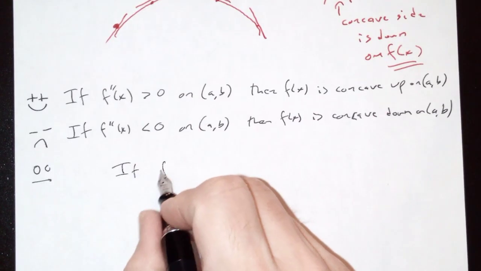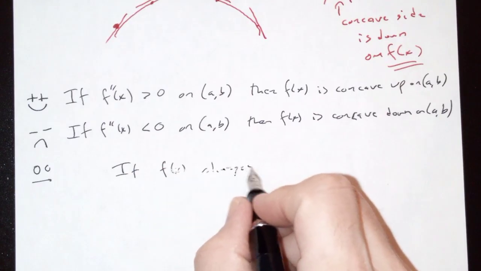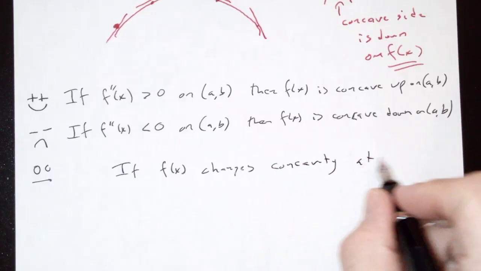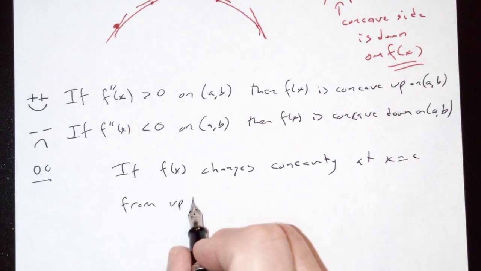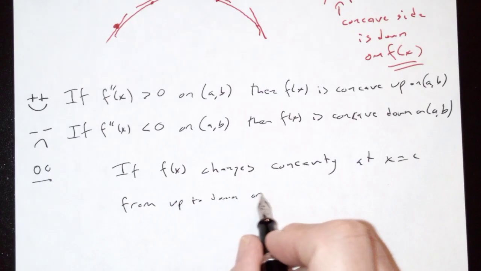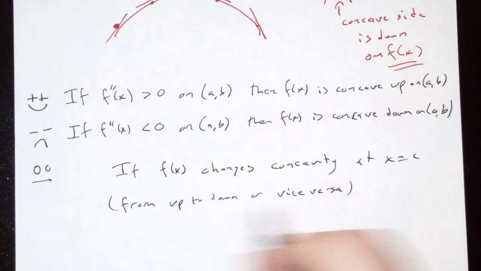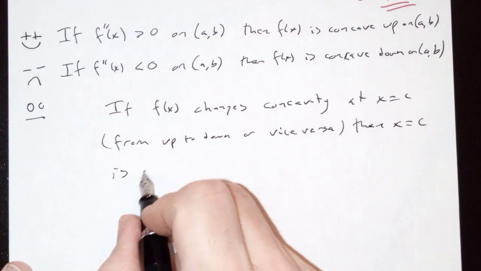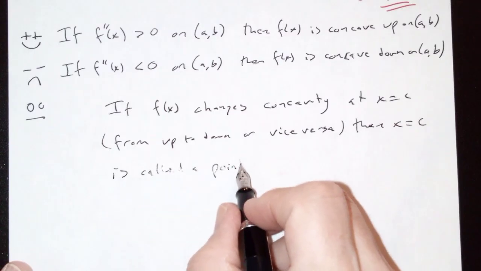If f of x changes concavity at some point from up to down or vice versa, then that point is called a point of inflection.